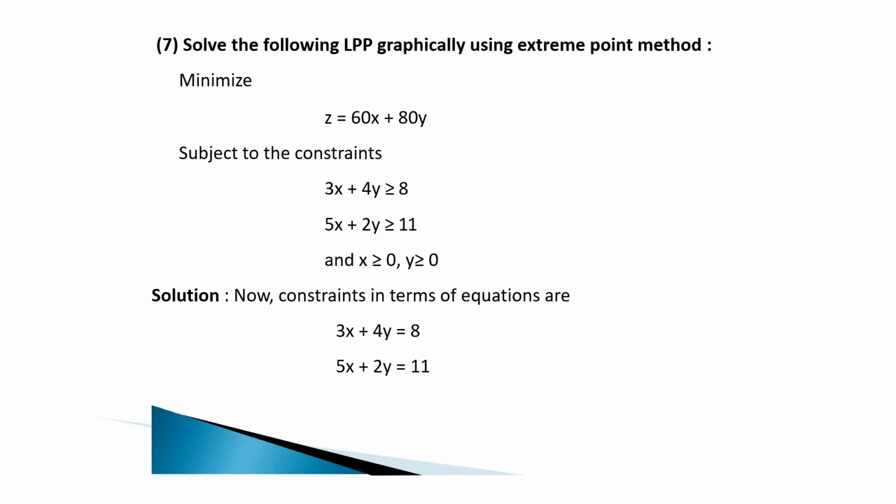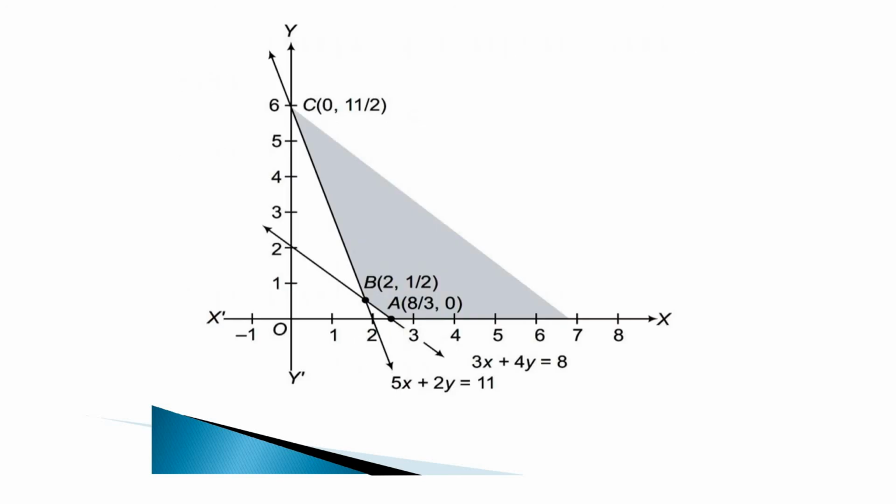Here constraints are of the type greater than or equal to, so shading once again will be away from the origin, and constraints in the equation form are 3x plus 4y equal to 8 and 5x plus 2y equal to 11. So here we have gray shaded region is the required region.